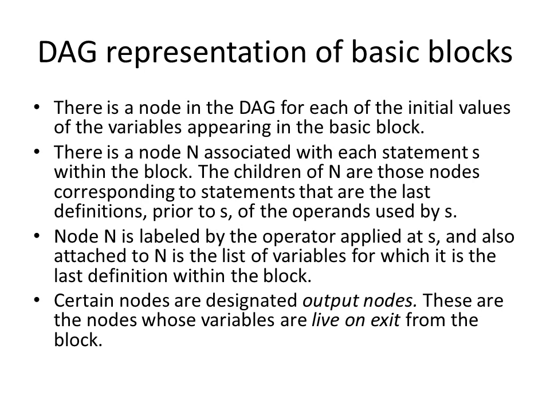The children of the node N are those nodes corresponding to statements that are the last definitions prior to the statement S of the operands used by the statement S. Then next, node N is labeled by the operator applied at the statement S and also attached to the node N is the list of variables for which it is the last definition within the block.